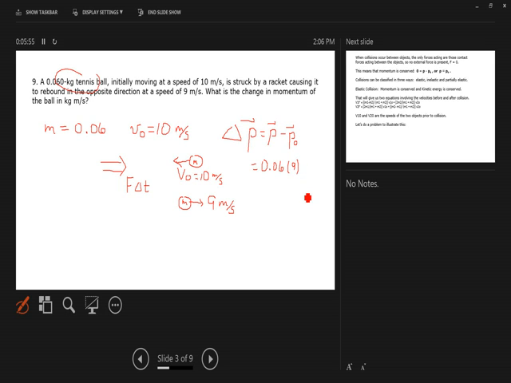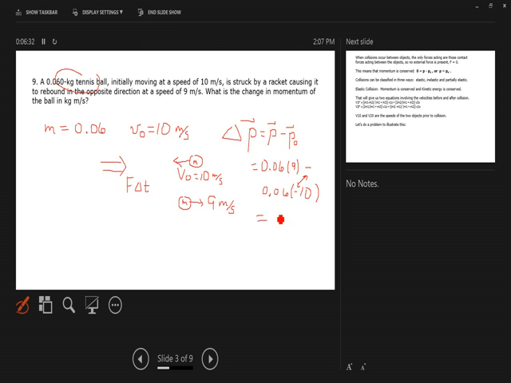Okay. Minus the original momentum. And the original momentum is the mass of 0.06 m. And what's the original velocity? Well, it's minus 10, isn't it? Because it's pointing to the left. So we actually, that minus sign there and that one there cancel each other out and give us a positive. So we get 0.6 and 0.54.